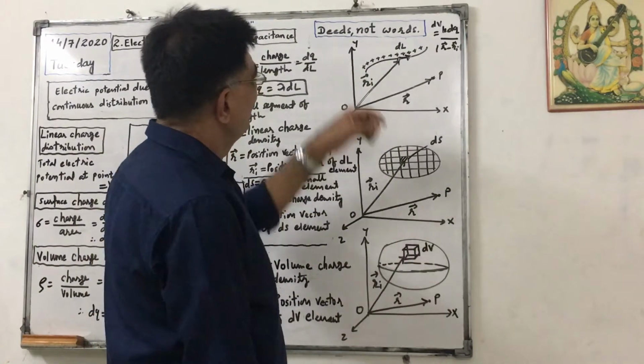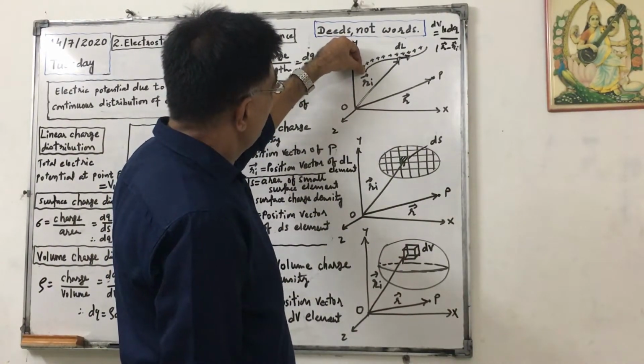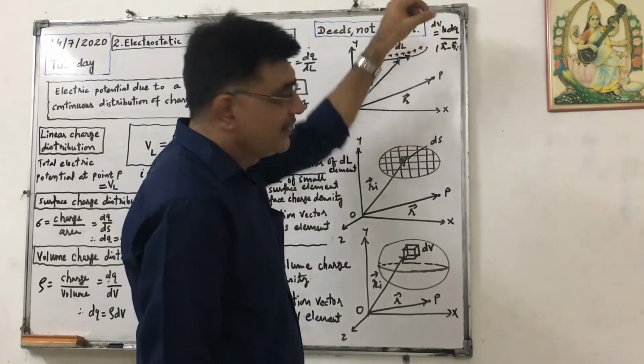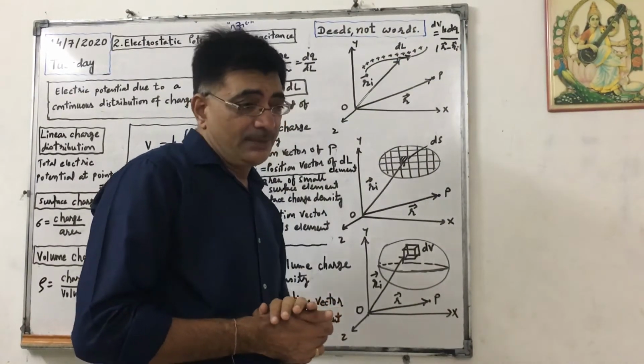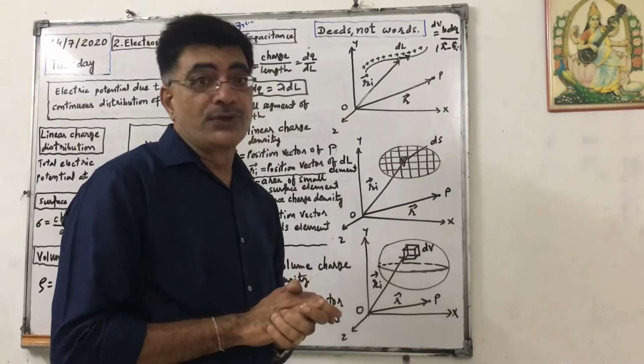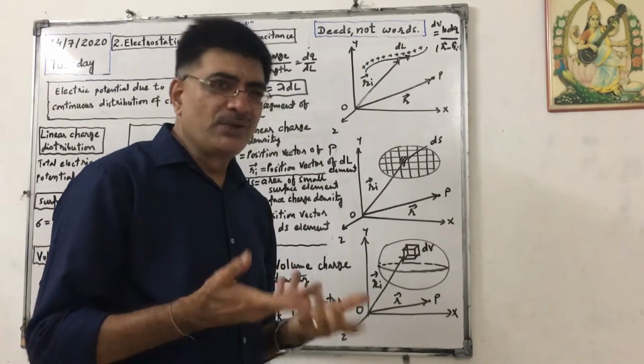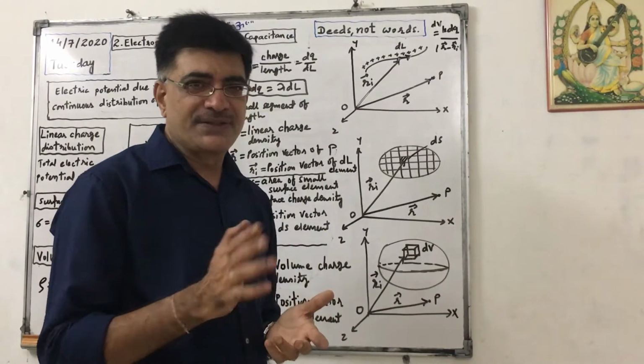As for this linear charge distribution, it may be possible that the distribution is not uniform or may be uniform. Both are possibilities.